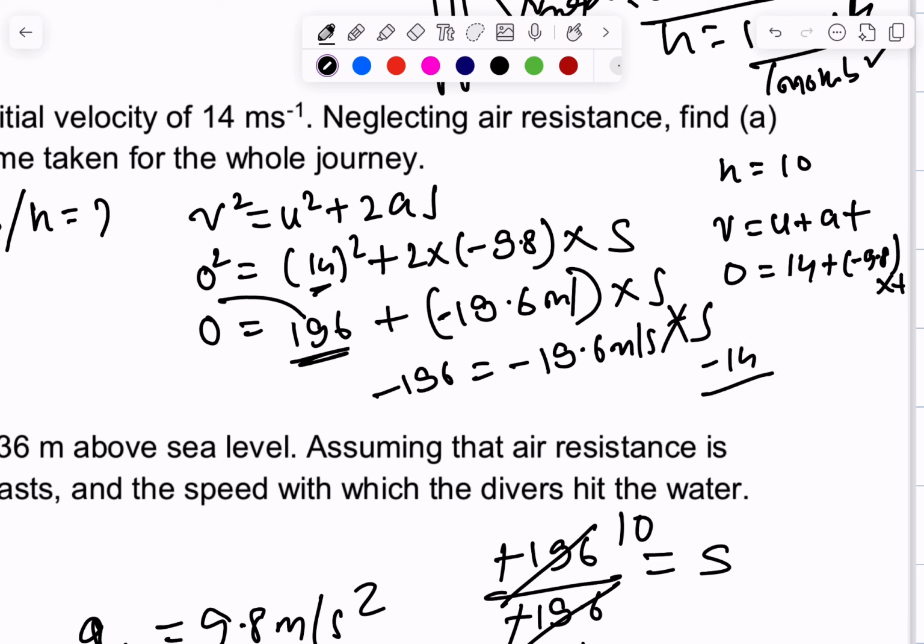So it will be minus 14 upon minus 9.8. Cancel it, you will get 1.43 seconds. So the time is 1.43 seconds.